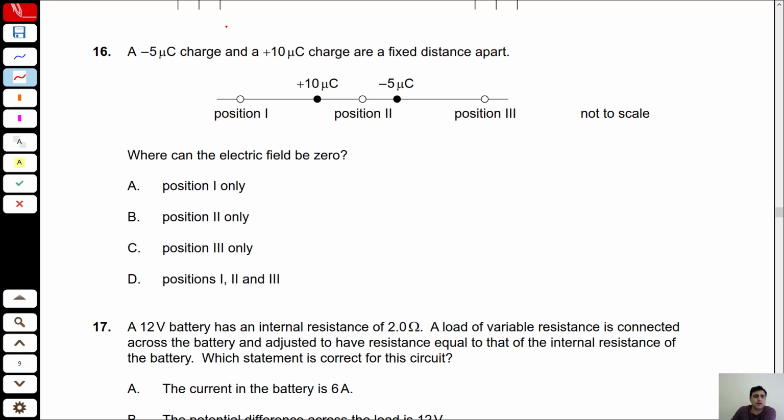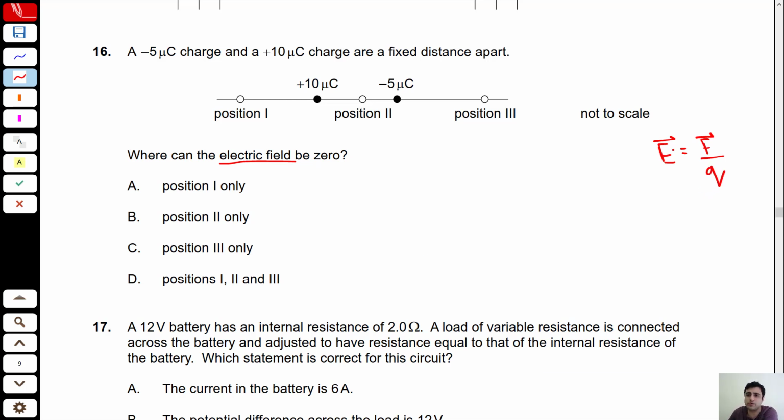Number 16. A negative 5 microcoulomb charge and a positive 10 microcoulomb charge are a fixed distance apart. Where can the electric field be zero? None. Electric field strength is defined as the amount of electrostatic force acting per unit positive test charge.